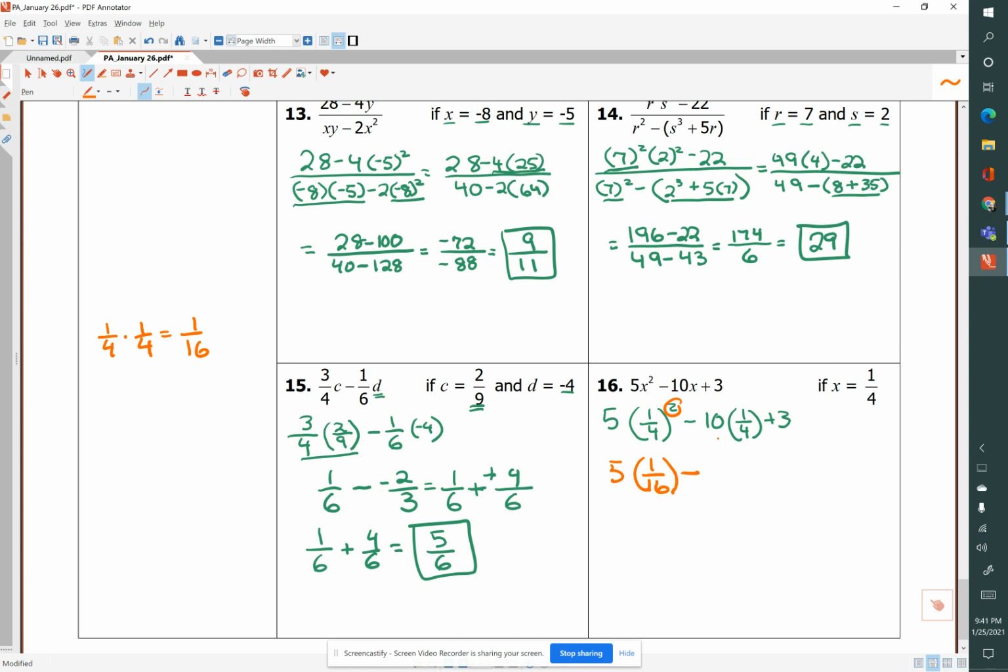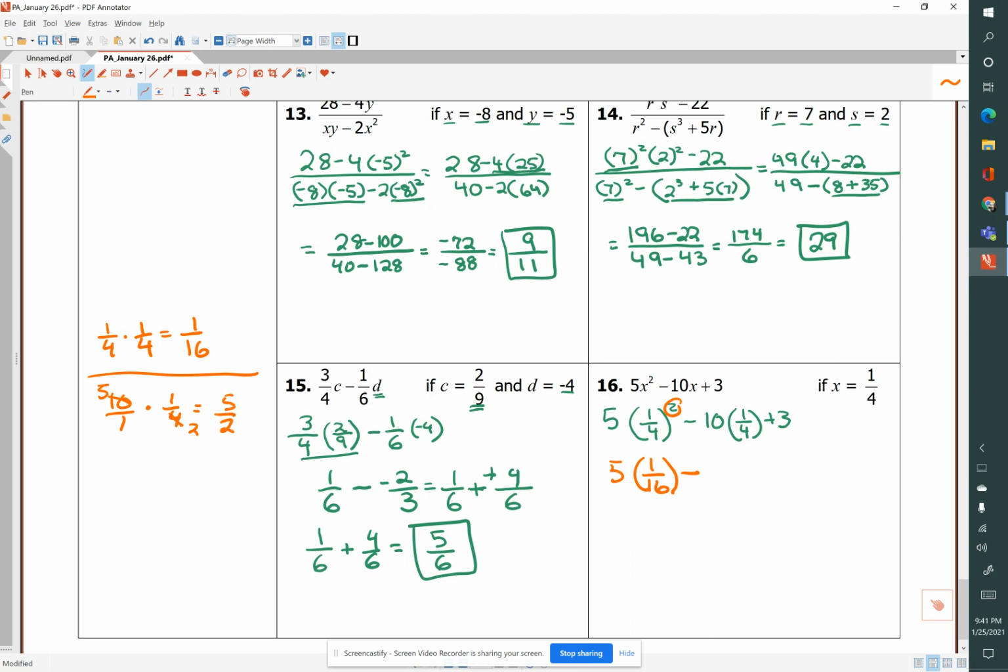Minus, now we have to multiply 10 times 1/4. So 10 times 1/4. We can put a 1 under the 10. So 4 divided by 2 is 2. 10 divided by 2 is 5. So that would equal 5/2.